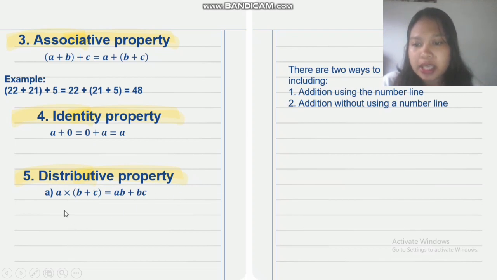Distributive property, A times B plus C equals AB plus AC. There are two ways to solve the addition operation, including 1. Addition using the number line. 2. Addition without using a number line.